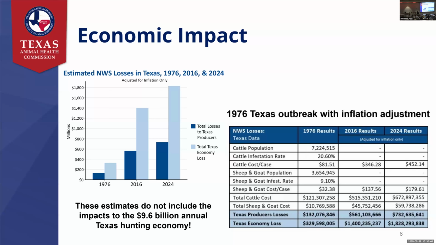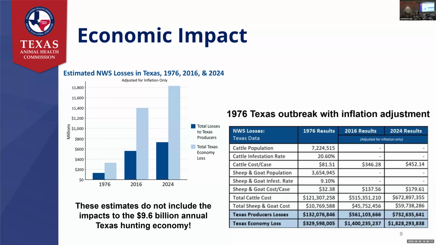And you can see the cattle cost per case there would probably be double or triple that in today's dollars and today's price. You see over here it talks about the $9.6 billion cost or economic windfall for the Texas hunting economy.